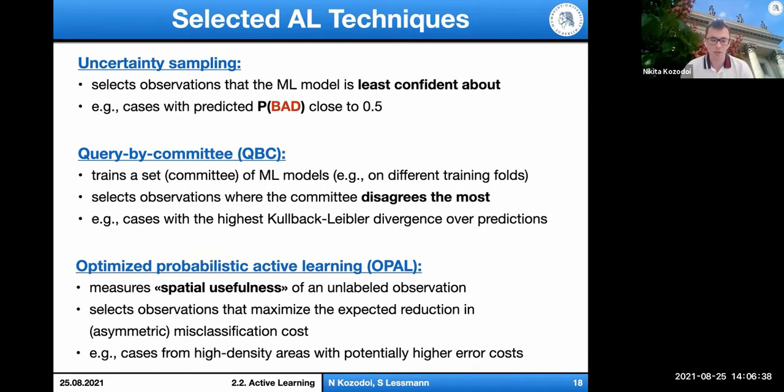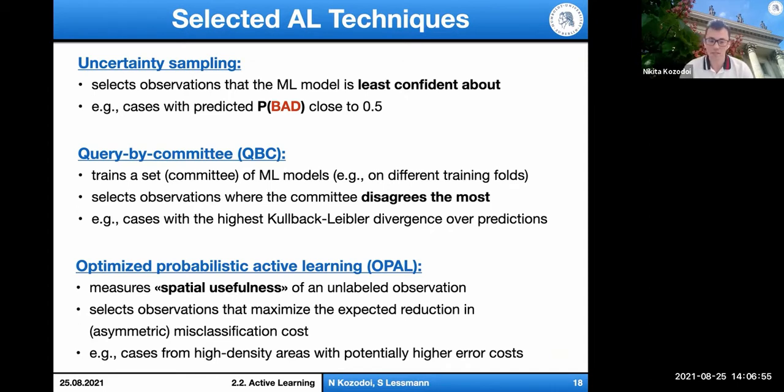And finally, we also have optimized probabilistic active learning, or OPAL, where basically the main idea is to look at observations that can maximize the expected reduction in the misclassification cost.